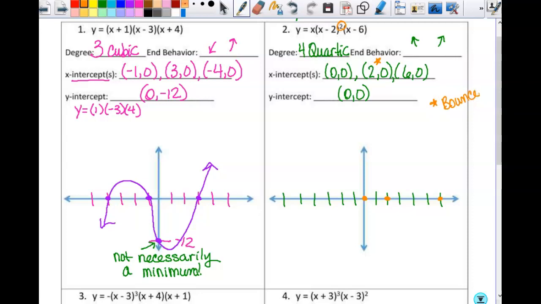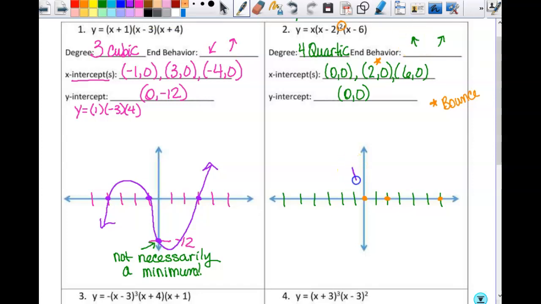It's not a minimum. It's an x-intercept that is one of my factors that has an exponent greater than 1. Okay, so if you have a factor that has an exponent greater than 1, then things are going to happen there. All right, so let's look at this graph. I know what my end behavior looks like, and I'm supposed to bounce too. So I know I'm going to start up, right?